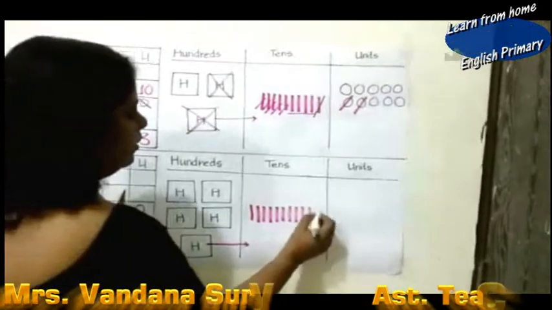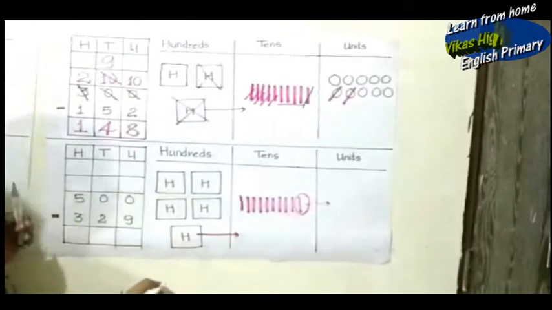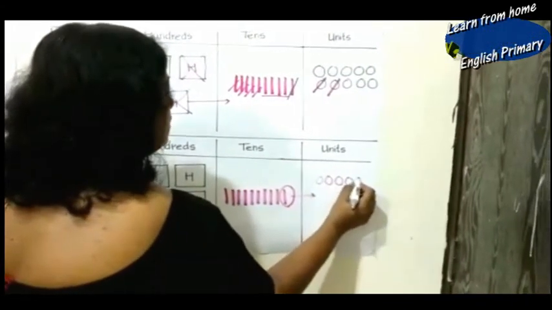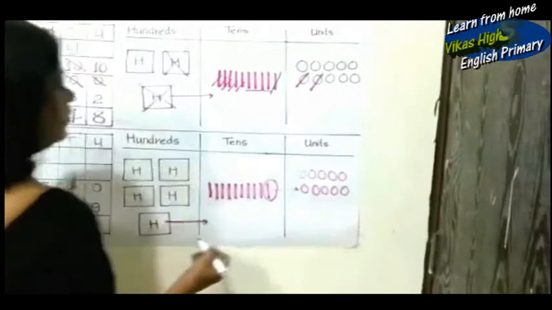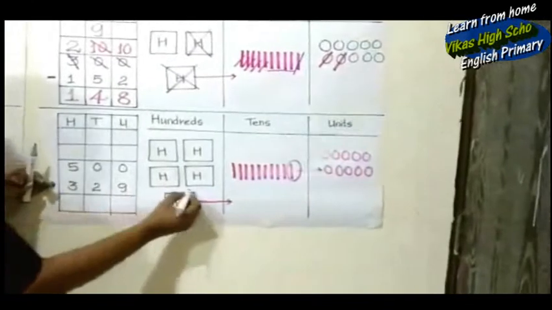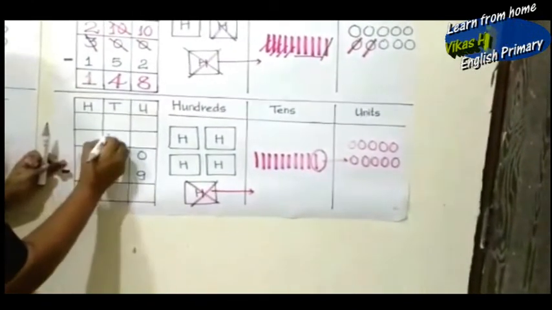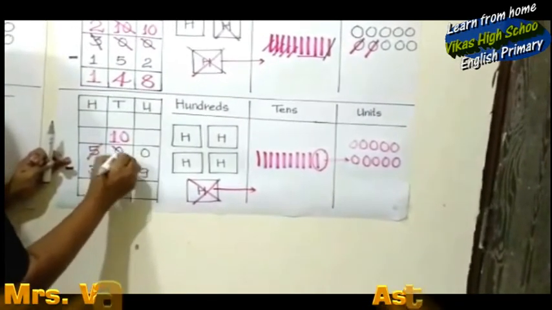And this 1 ten, when we shift it to the units column, it is 10 units.